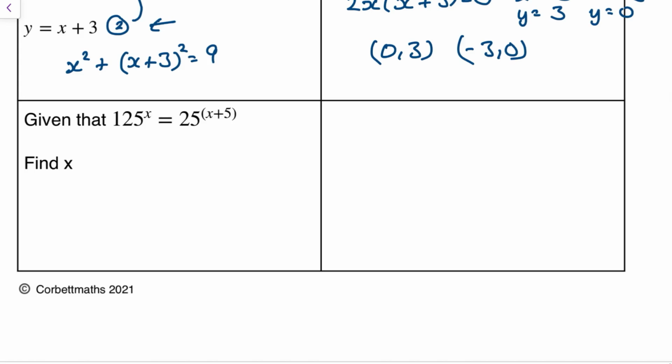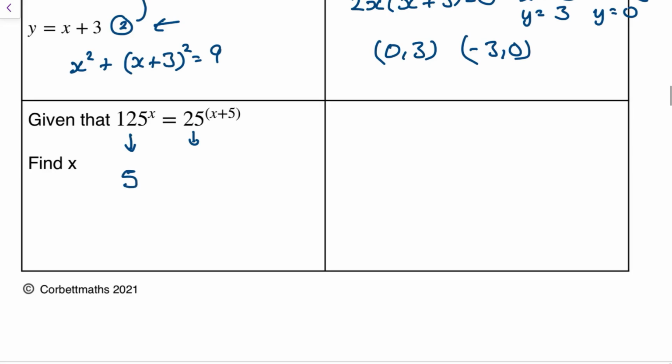Okay, next one. Given that 125 to the power of x is equal to 25 to the power of x plus 5, find x. This is just your standard index rule rebasing question. You could be clever and put things in base 25, but I'm going to keep it safe. 5 to the 3 is 125, multiplied by x, so it's going to be 5 to the 3x.